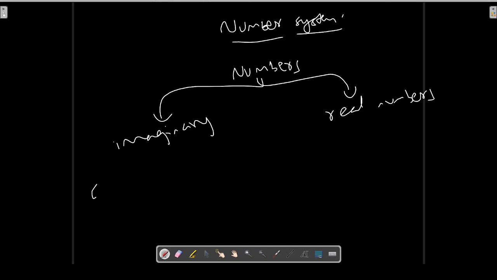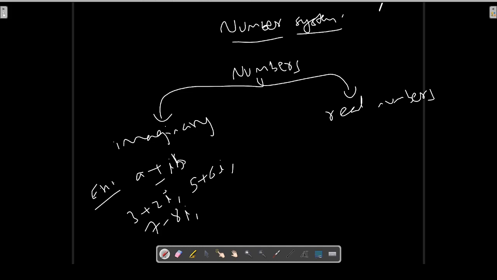Imaginary numbers are written in the form of a plus or minus ib. For example, 3 plus 2i is an imaginary number. 5 plus 6i is also an imaginary number. 7 minus 8i is also satisfying the format, so this is also an imaginary number.